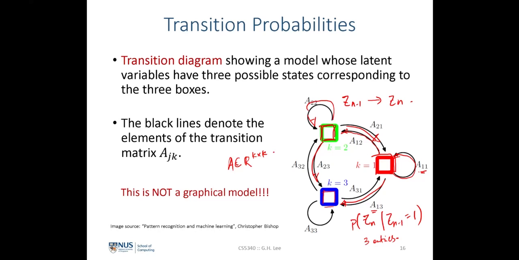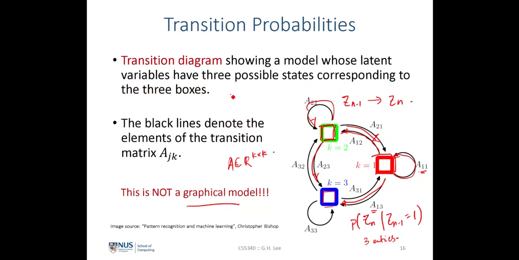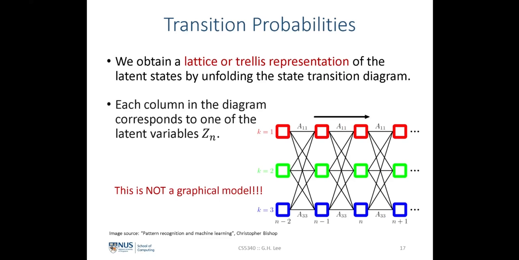It's also important to note that this is not a graphical model, it's just a state transition probability which describes the probability table of the conditional probability distribution of Zn conditional upon Zn minus 1. So the state transition diagram in the previous slide shows us the probability distribution of Zn conditional upon Zn minus 1.